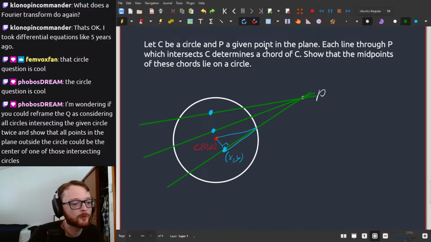I wonder if you could reframe the question as considering all circles intersecting the given circle twice. Show that all the points in the plane outside the circle could be the center. Ooh.